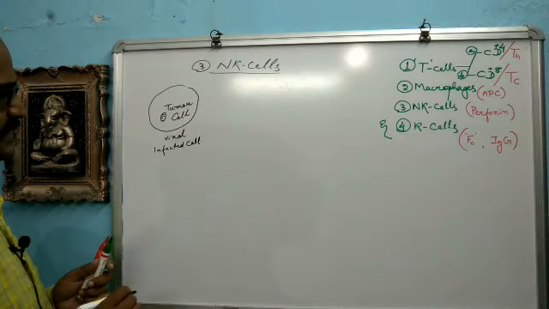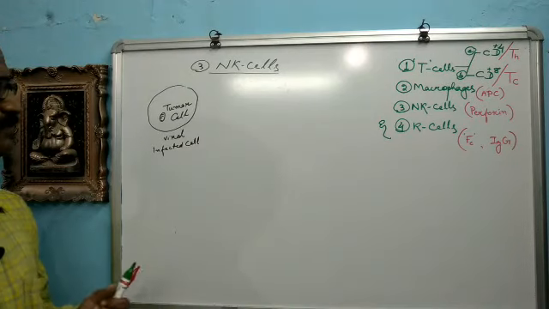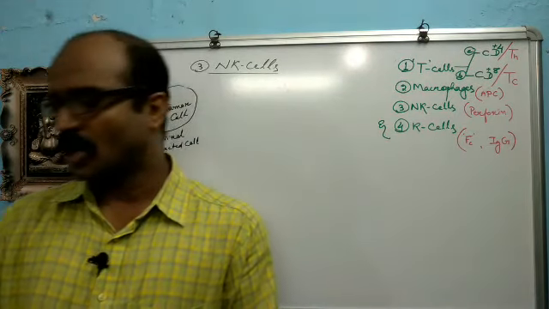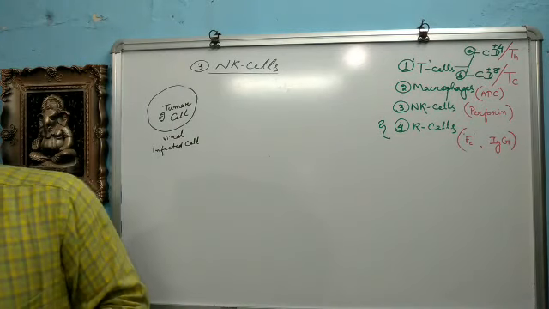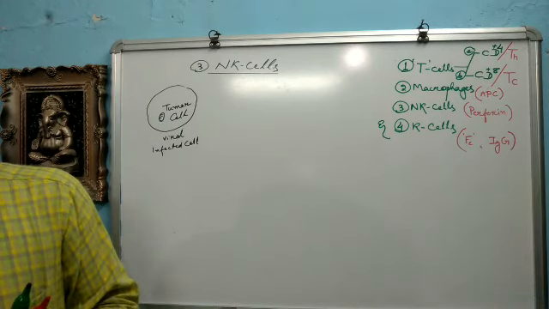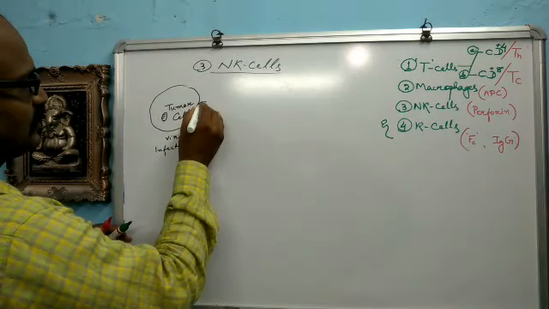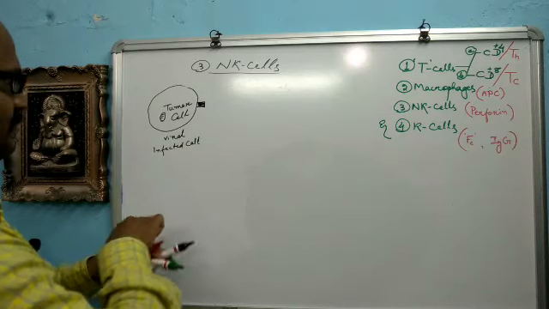The viral infected cell is recognized or distinguished because of the presence of high molecular weight glycoprotein on the surface of the viral infected cell.